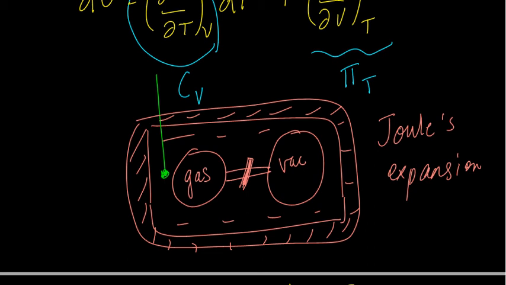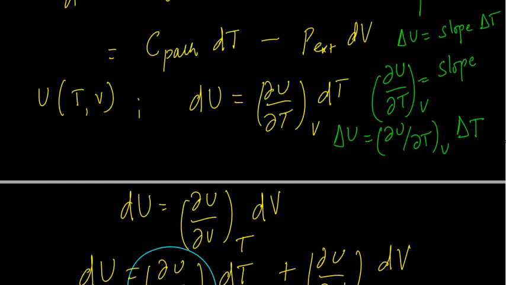So what's the difference between del and d? Okay, the difference comes only when you have a dependence on more than one variable, like I showed you over here.